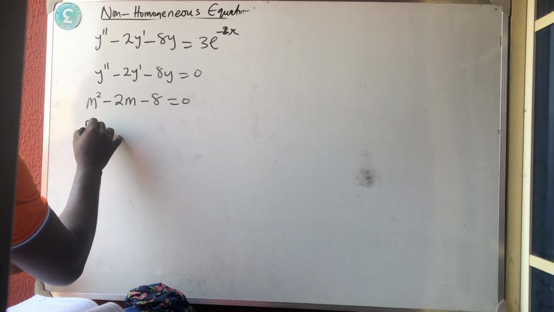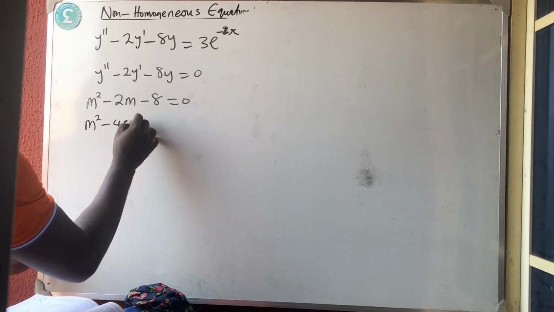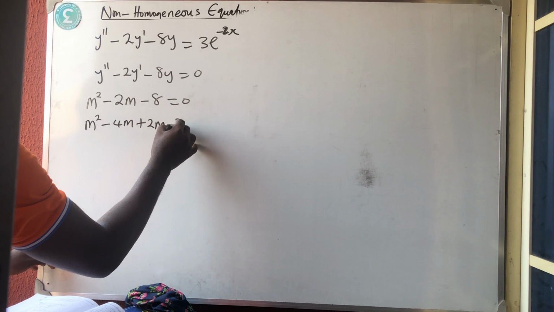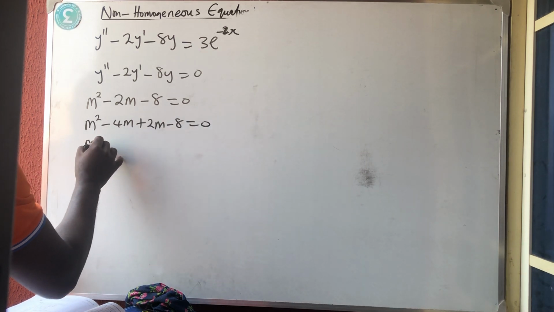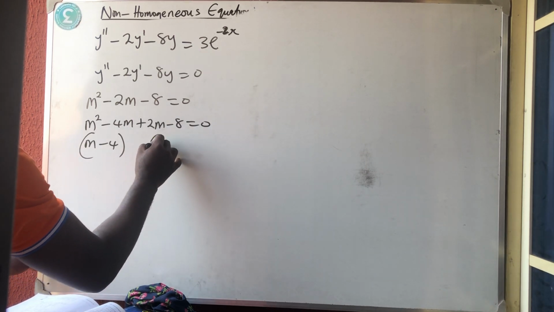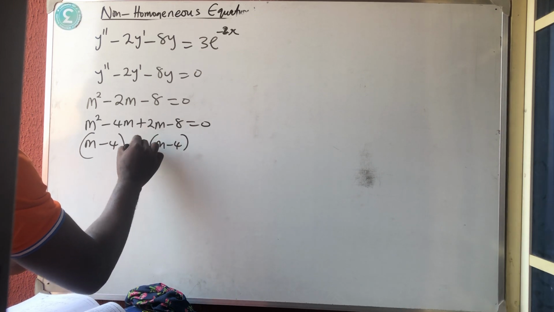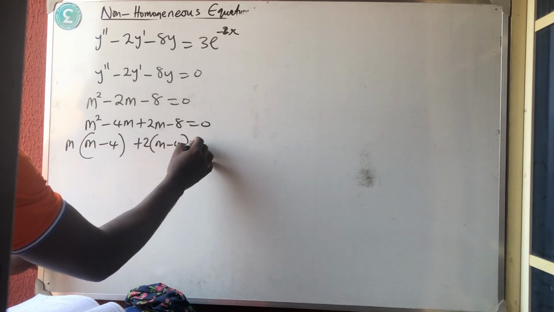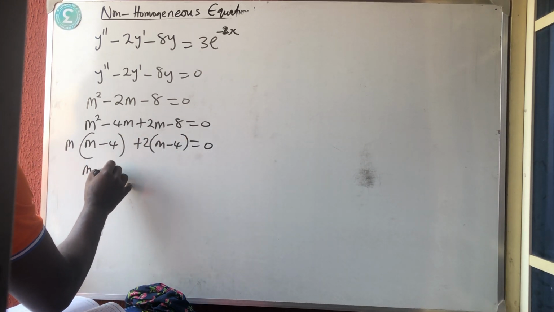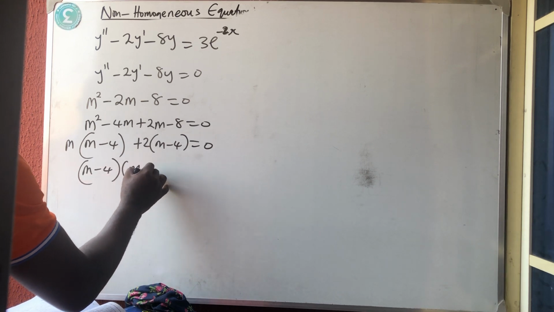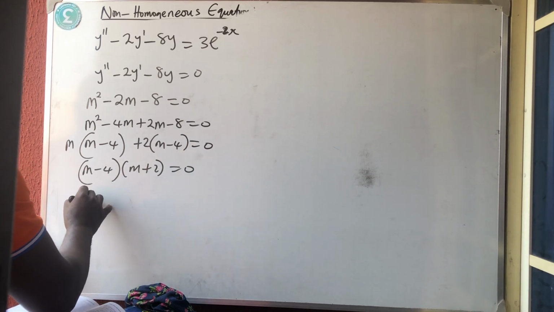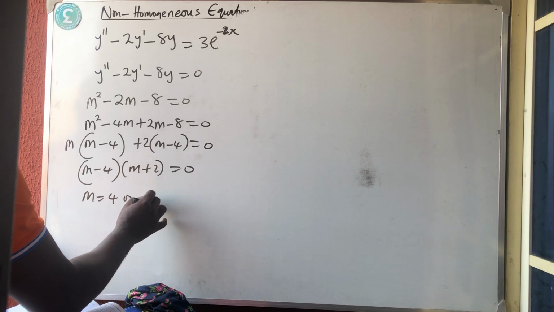So I'm having m squared minus 4m plus 2m minus 8 is 0. So I'm having m minus 4 and m plus 2 is 0. So my m is equal to 4 or minus 2.